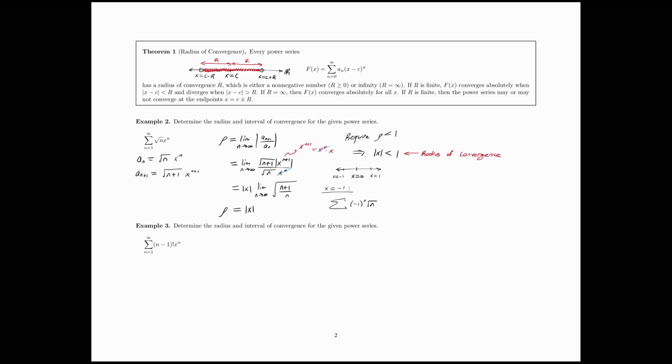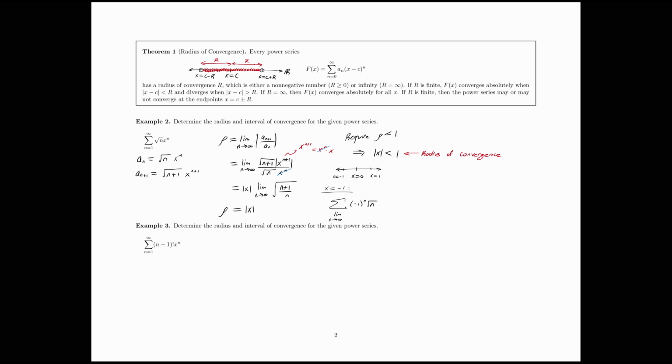So this is an alternating series. But keep in mind that although it's an alternating series, the alternating series test only shows convergence. It doesn't help you show divergence.